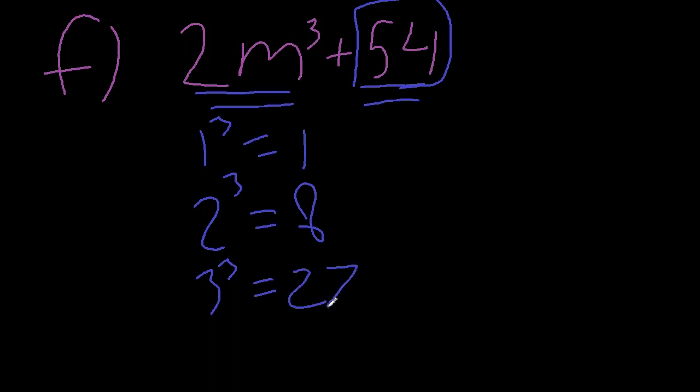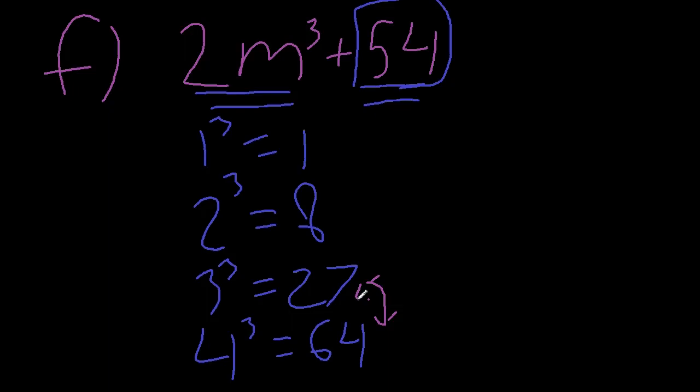As you can see, cubic numbers get big really fast. 4 cubed is equal to 64. So we just skipped right over 54. 54 should have been somewhere between 27 and 64, right? So this number can't be written as a perfect cube.